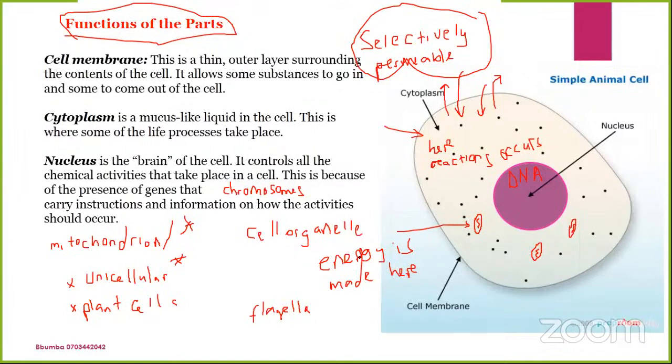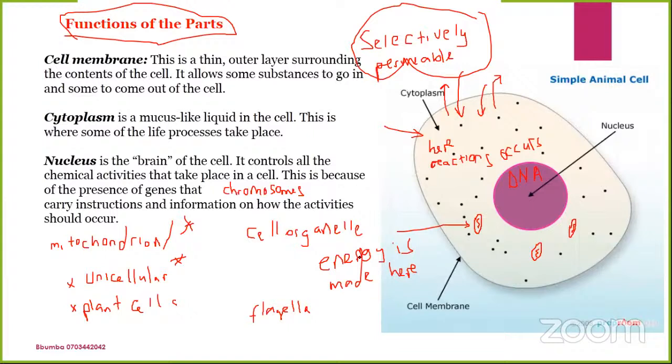Tessa. Yes, Tessa. Someone wanted to answer the person who was asking what unicellular cells are. Please help us, Tessa. Unicellular cells are cells made up of one cell. And then the multicellular ones are made of many cells.